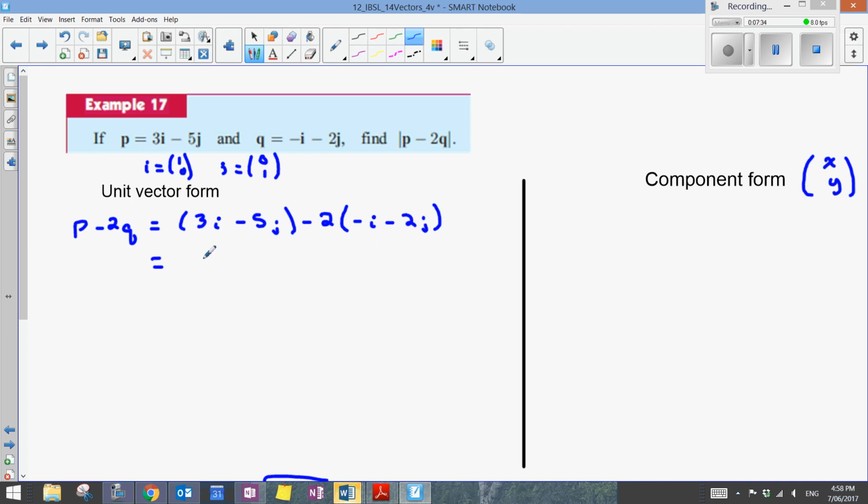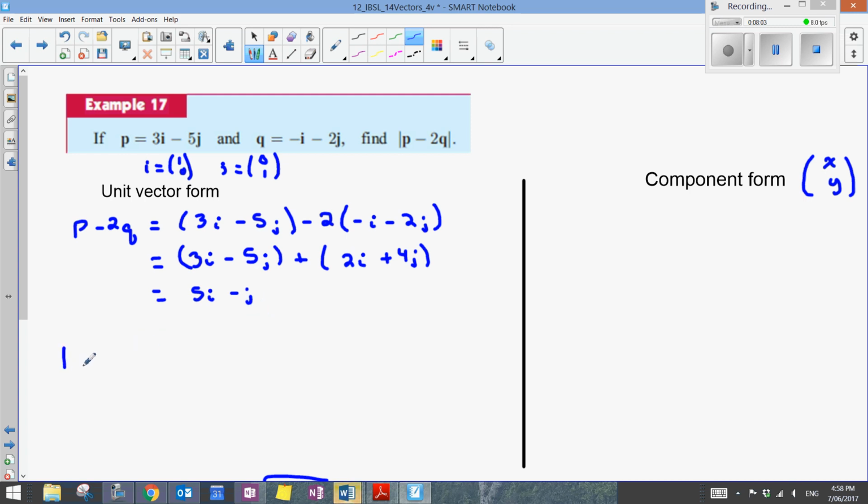If I simplify this, I have 3i minus 5j, which is my first vector p. I'm going to multiply my -2 as a scalar, so I'll wind up with positive 2i and positive 4j. If I add my components together, 3i and 2i make 5i, so I'm treating them just like pronumerals, and -5j plus 4j is -j.